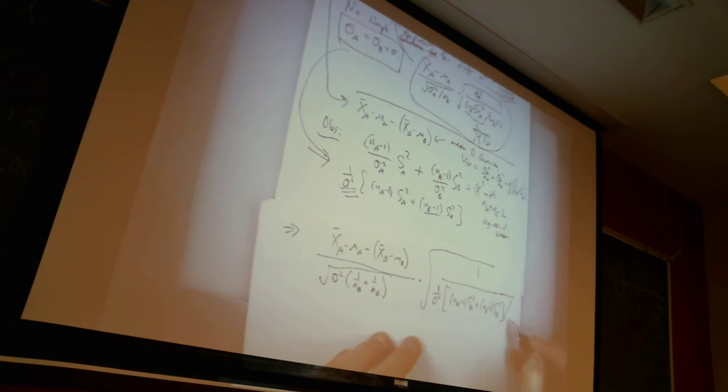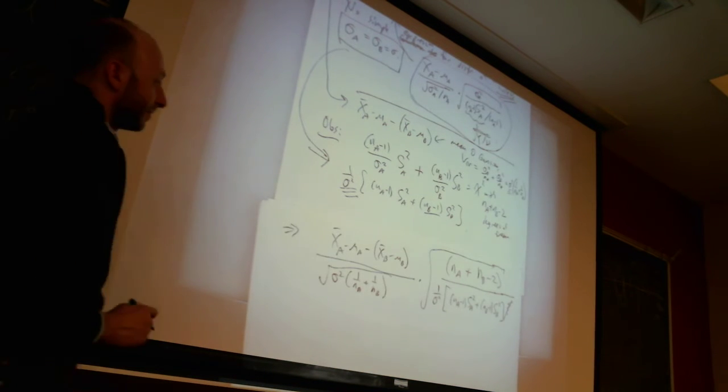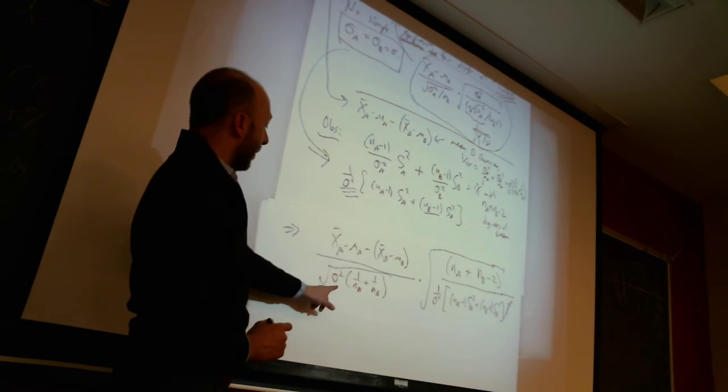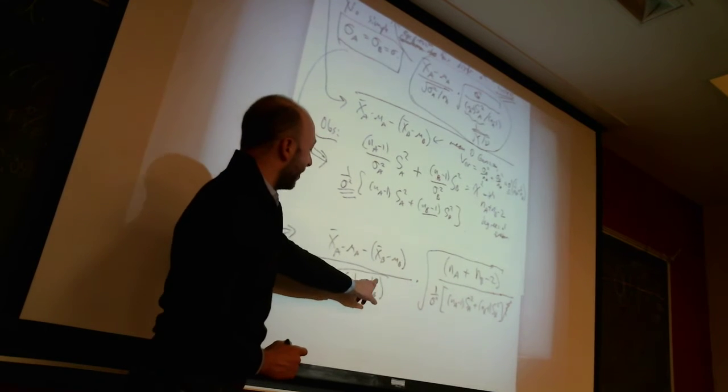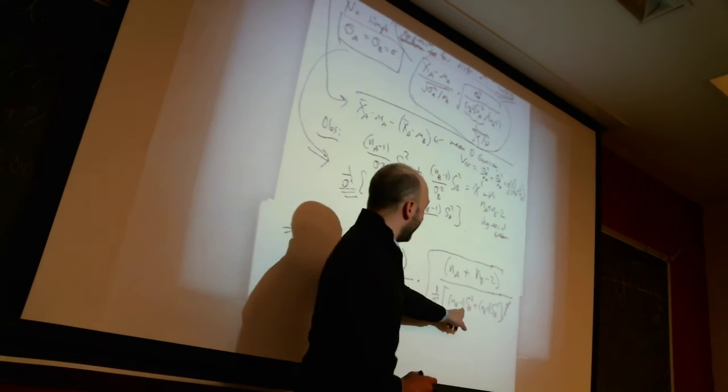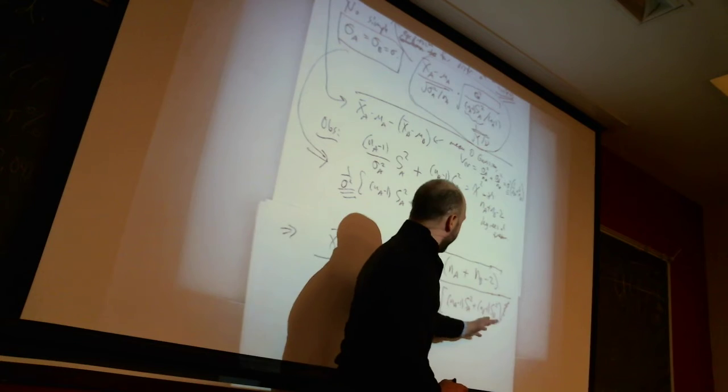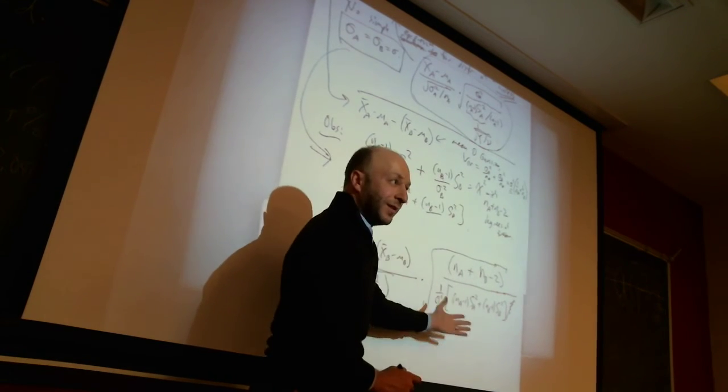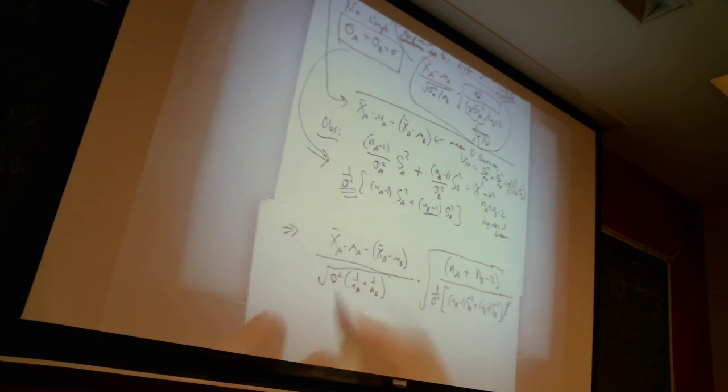And the number of degrees of freedom, so dividing it in the denominator is the same as multiplying it upstairs, and the number of degrees of freedom is NA plus NB minus 2. And we would have a complicated mess with sigma A squared plus sigma B squared here, and 1 over sigma A squared plus 1 over sigma B squared, and they wouldn't fall out. But in this case, they exactly do.